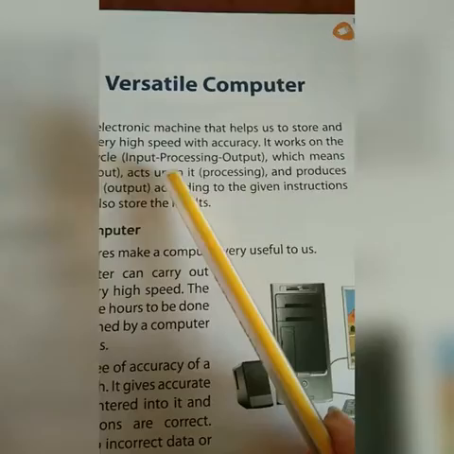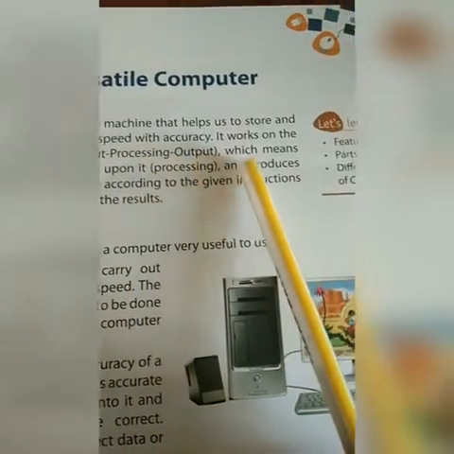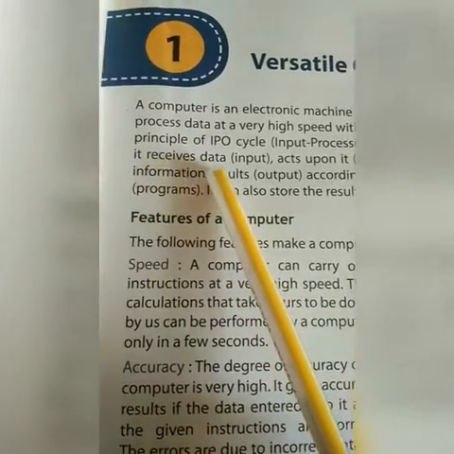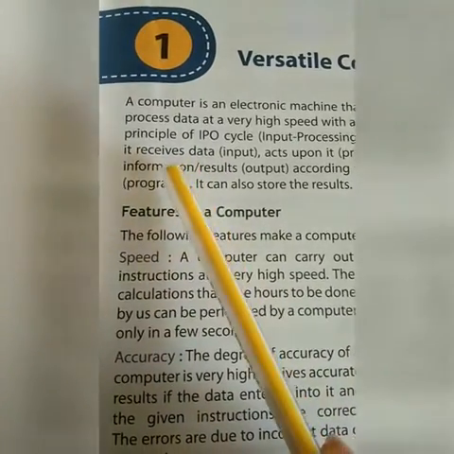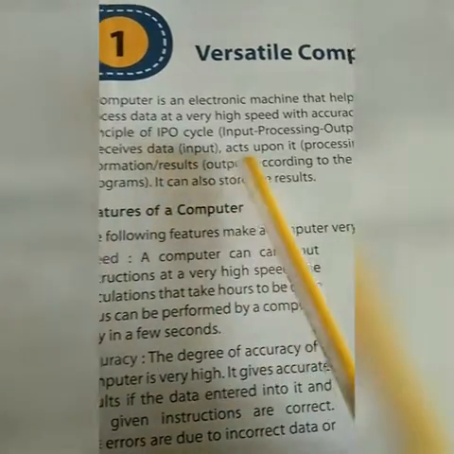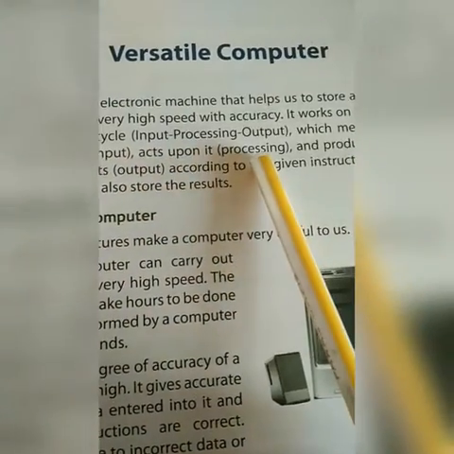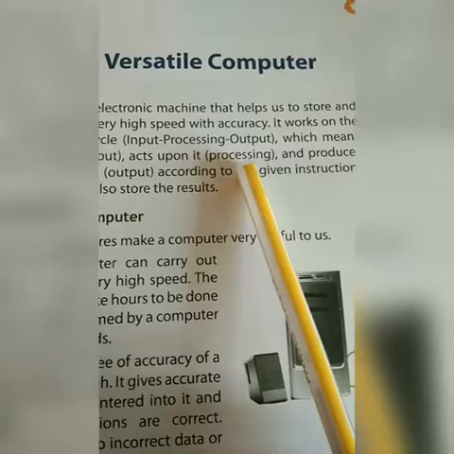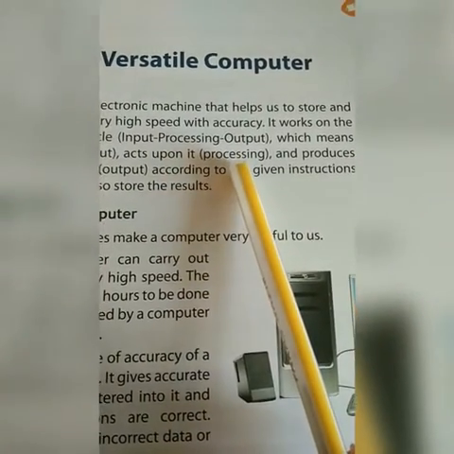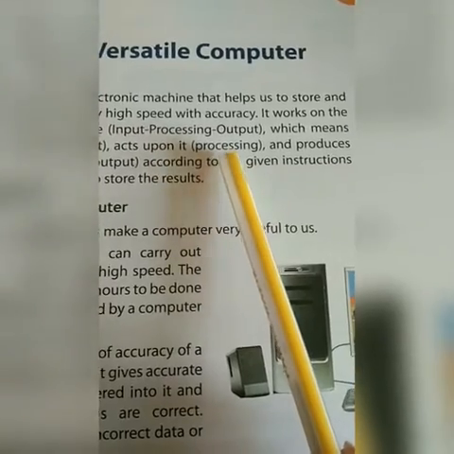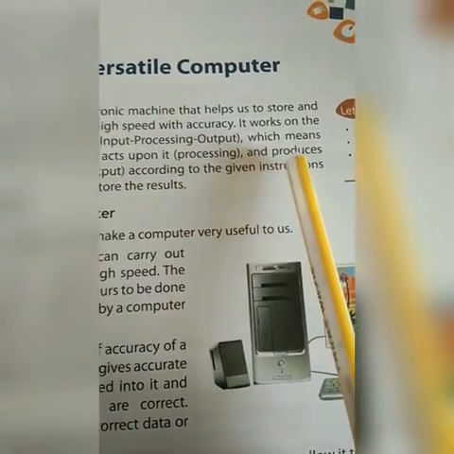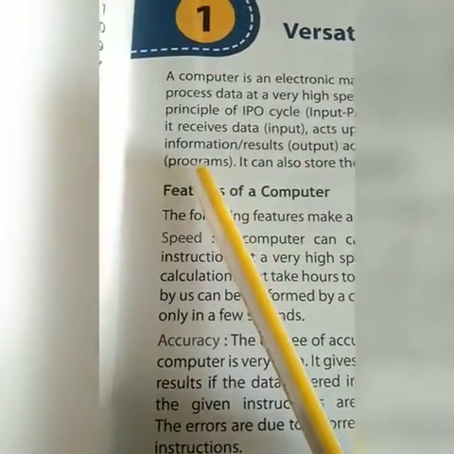That is the IPO cycle, which means the computer receives data. You input it by the help of the keyboard, it acts upon it, the processing goes on under the CPU, that is the mind of the computer. The full form of CPU is Central Processing Unit. Produce means it gives out the result.